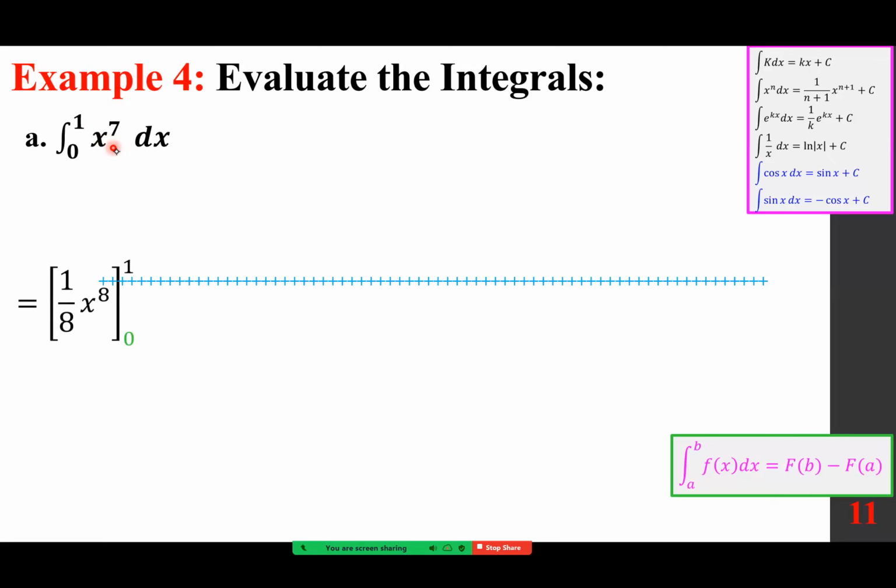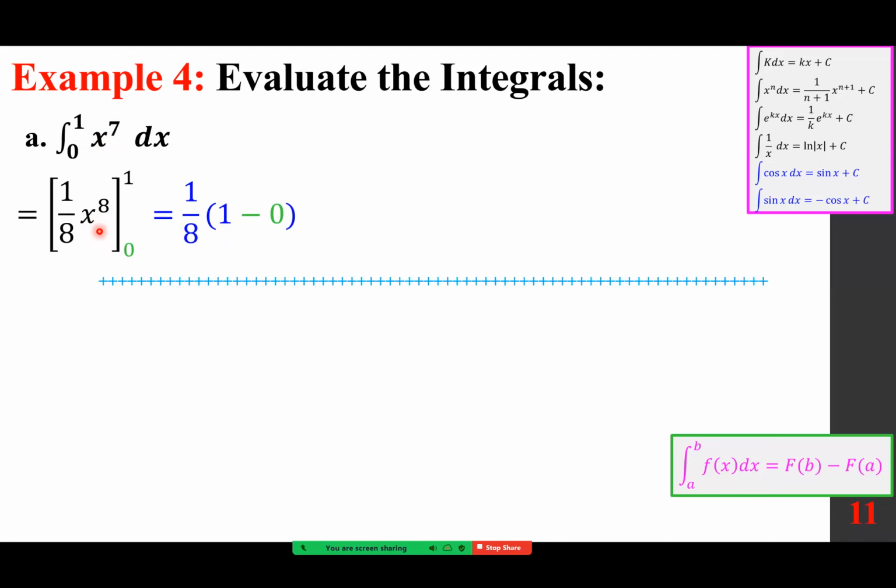We don't need a constant, and we evaluate it from 0 to 1, everybody. So now we are going to plug in the upper limit first minus the lower limit second. As you can see, 1 to the power of 8 is 1, 0 to the power of 8 is 0, so the answer is 1/8.